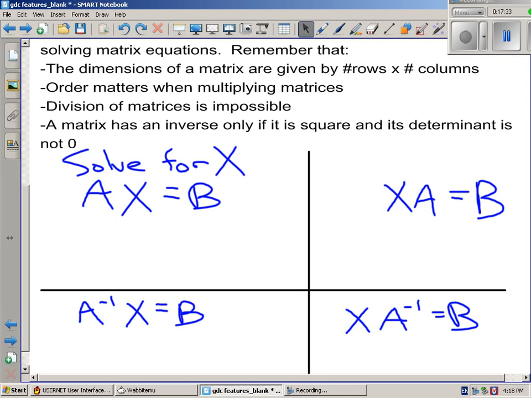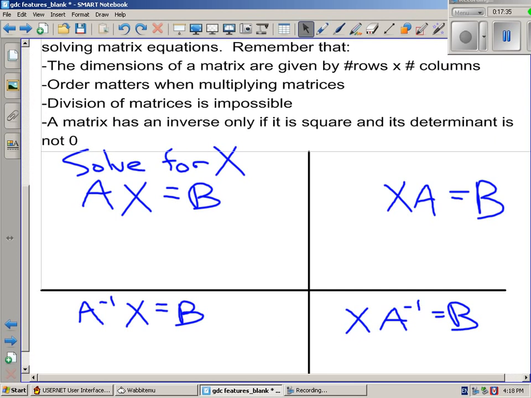On the point that order matters when we're multiplying matrices, I've just got a few little examples here. If AX equals B, then to get rid of this A at the front, we need to put an A inverse right beside it. So that's A, looks like A negative 1.